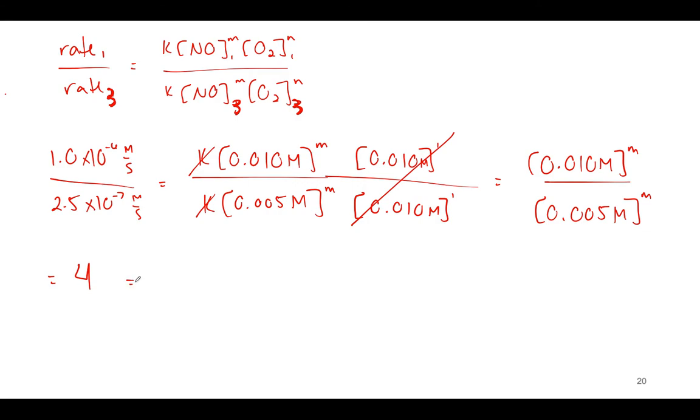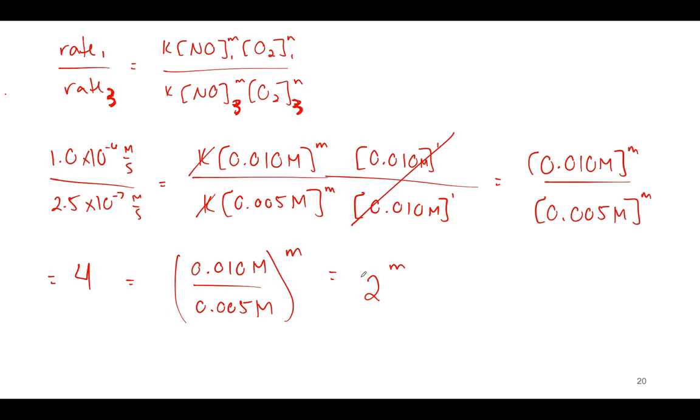All right, so we're going to use the same algebraic rule as what we did when finding N. We're going to take the exponent and raise it out of both the numerator and denominator, giving us 0.010 molar divided by 0.005 molar, all raised to the M, which is equal to 2 to the M. Since 0.010 divided by 0.005 is just 2.